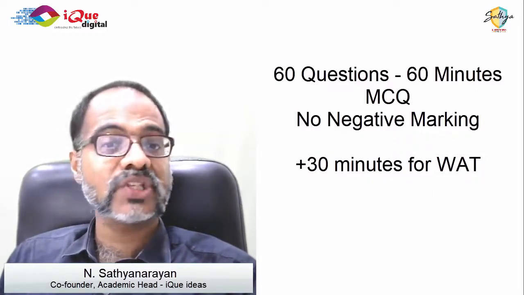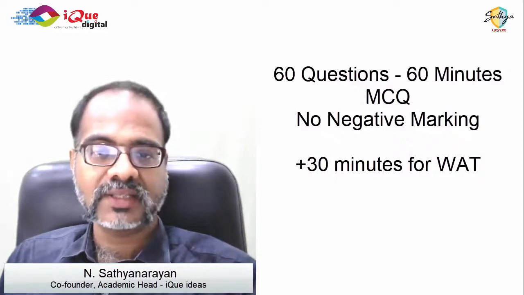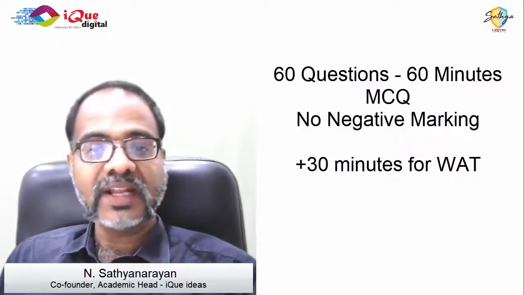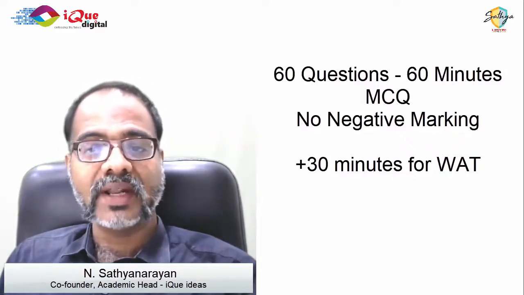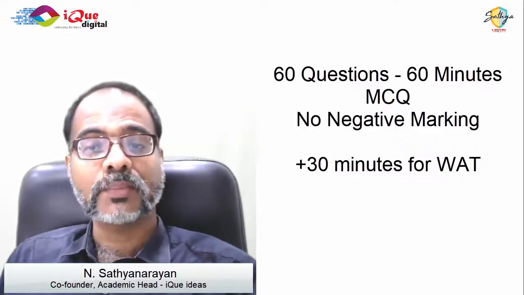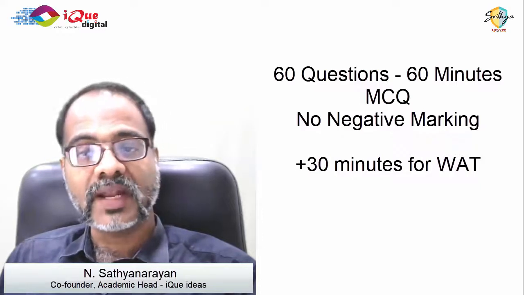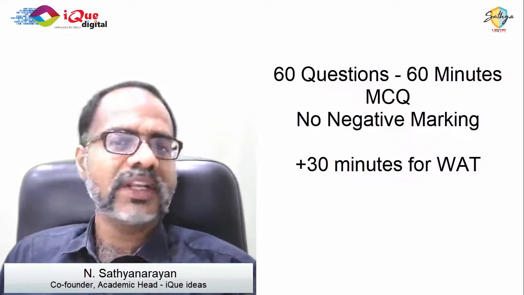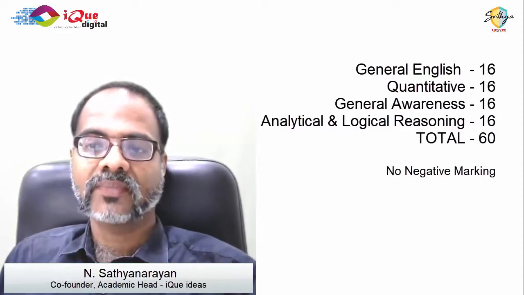As usual, there is no negative marking for the wrong answers and all these sections are mandatory. The writing ability test is only evaluated by the respective institutes and the programs for which the student has paid and has been shortlisted. Let's take a look at what the SET test looks like.